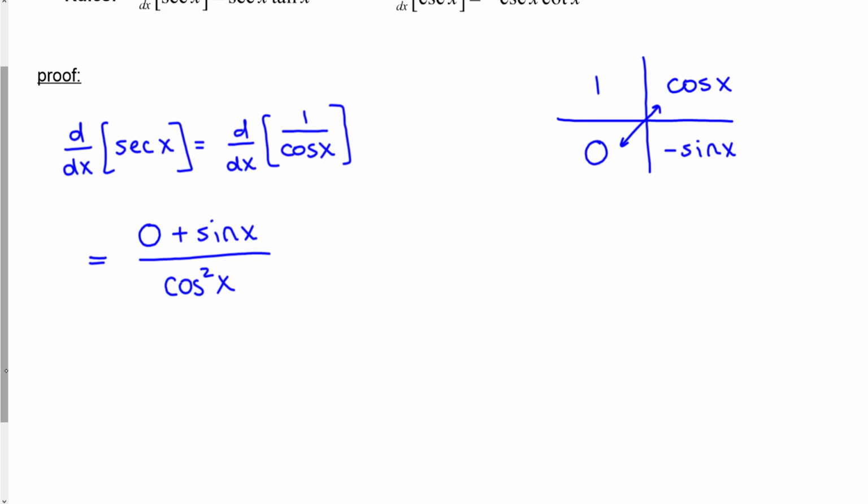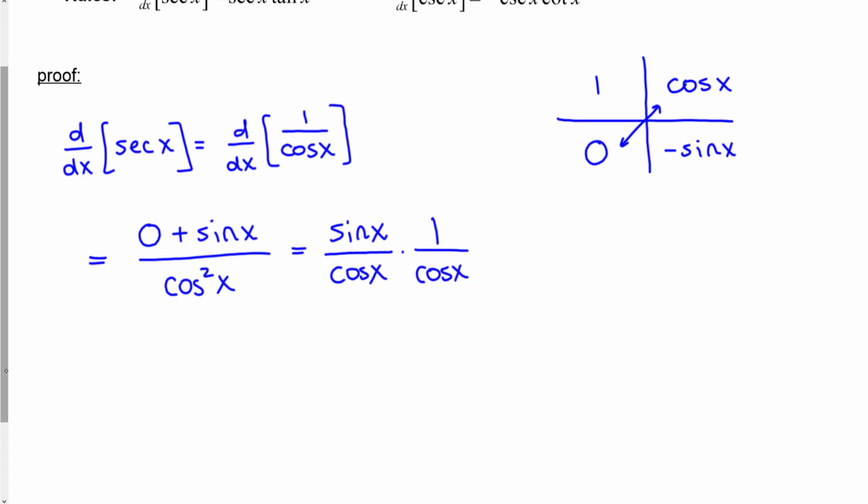Now there isn't any particular rule of simplifying something like this directly. However, one thing we can do is split some things up. So I could write cosine squared x as cosine x times the cosine of x, and make this sine x over cosine x times 1 over cosine x.